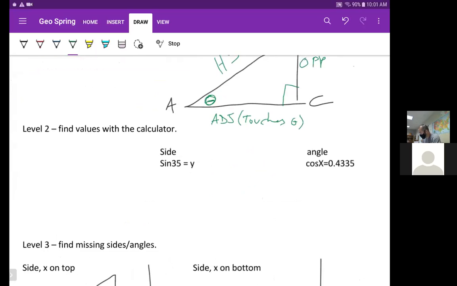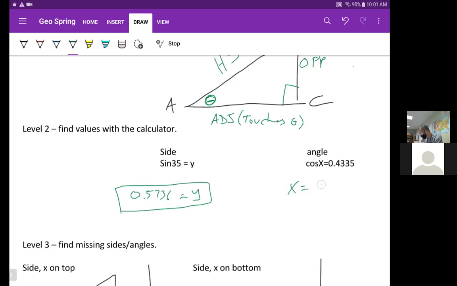But this one, you just plug it in the calculator. So sine 35 equals y, I'm just going to punch this in the calculator. So sine of 35 is 0.5736. For the angle, you do the inverse.